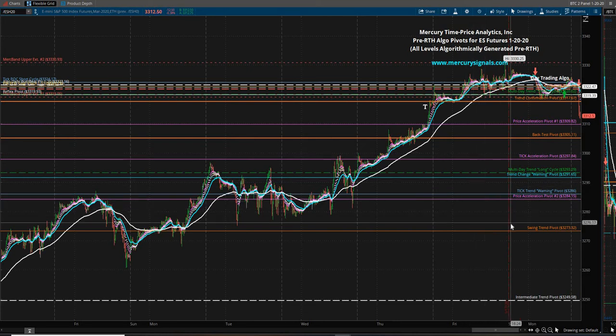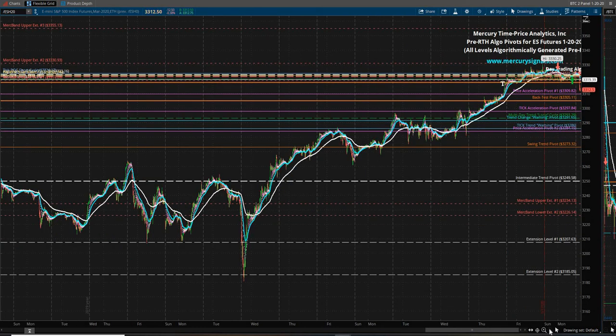And then you get down into this swing trend pivot. Let me see if I can pull this back just a little bit more. Okay, so take a look at where the swing trend pivot comes through. And so every one of these lines is determined by an algorithm that we run in the morning, and then we simply put it into an Excel spreadsheet. We call that a data sheet.